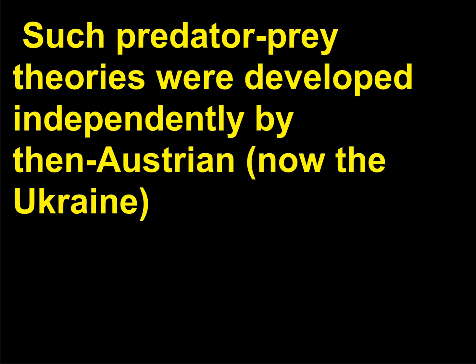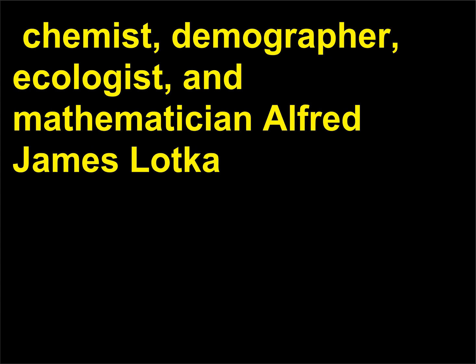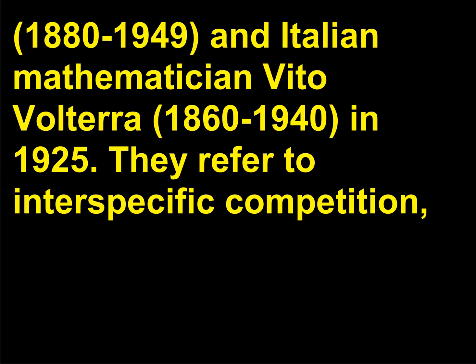Such predator-prey theories were developed independently by then Austrian, now Ukrainian, chemist, demographer, ecologist, and mathematician Alfred James Lotka, 1880 to 1949, and Italian mathematician Vito Volterra, 1860 to 1940, in 1925.